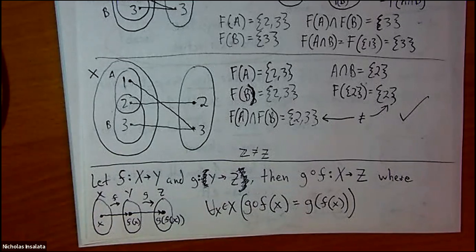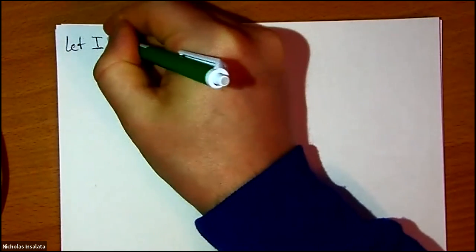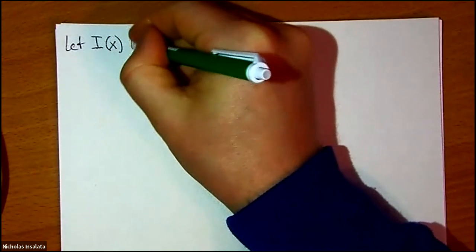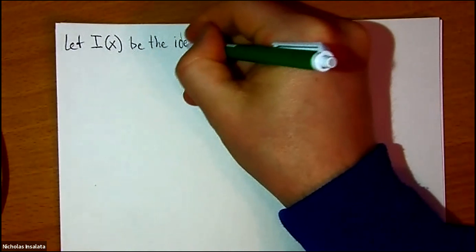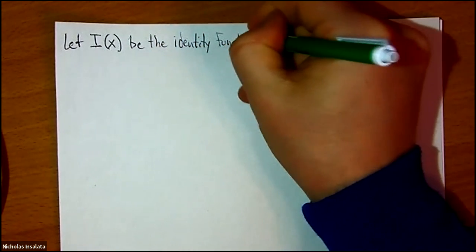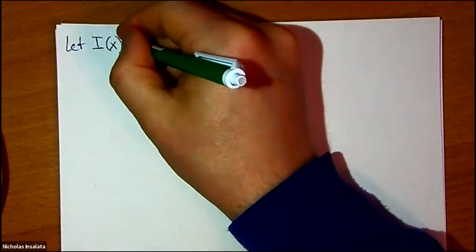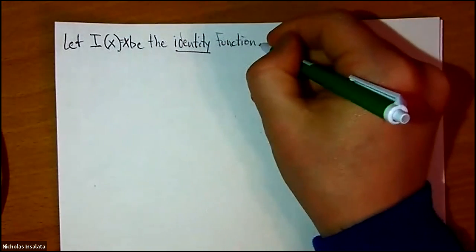Okay, a couple of notes. So first off, let I of x be the identity function. I guess I should say I of x equals x, be the identity function, right?